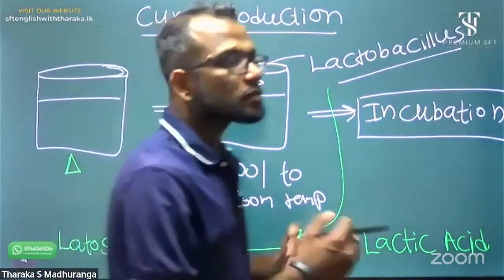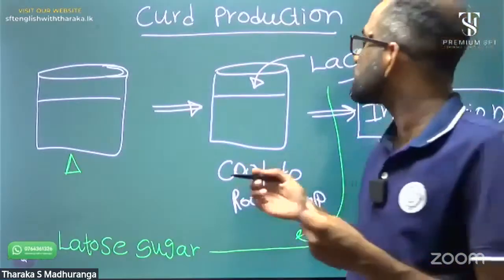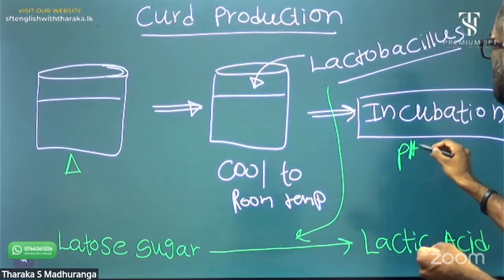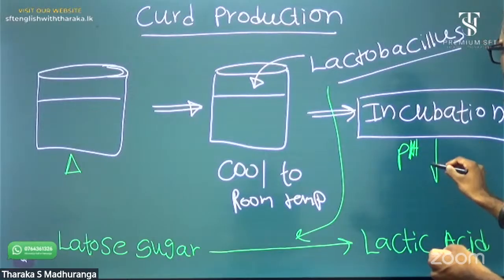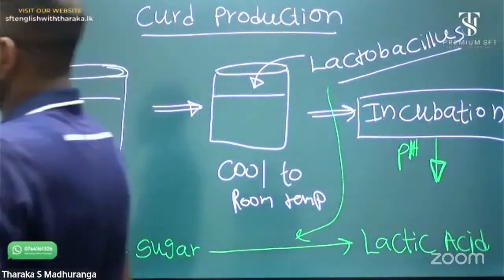In the lactic acid production process, what happened to the pH value of the milk? The pH value gets low, very low.